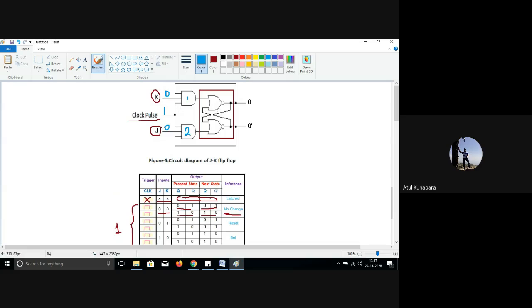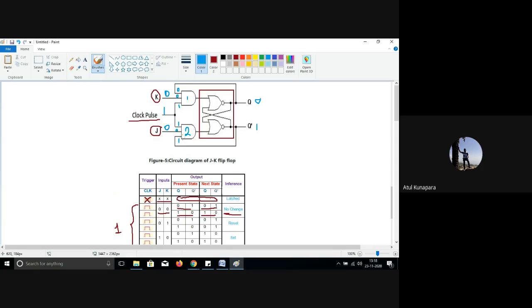In that case, you will be getting 1, 1 over here. Here your K is 0 coming to this AND gate, and J is 0 coming to this AND gate. Suppose the present state is 0, 1, that is, Q equal to 0 and Q bar equal to 1. So this Q equal to 0 will come to this input, and Q dash, which is 1, will come here.